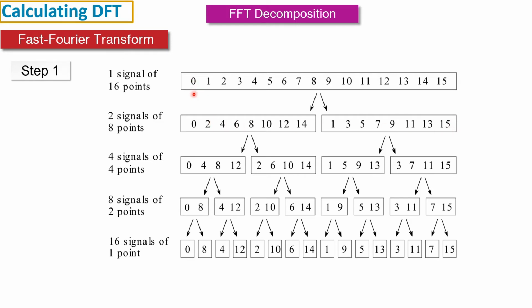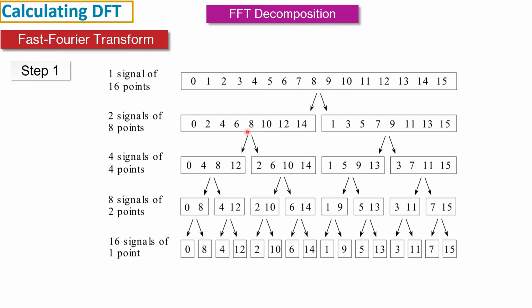The first part contains 0, 2, 4, 6, 8, 10, 12 and 14, all the even numbered samples, and then the second part has all the odd numbered samples, 1, 3, 5, 7, 9, 11, 13 and 15.